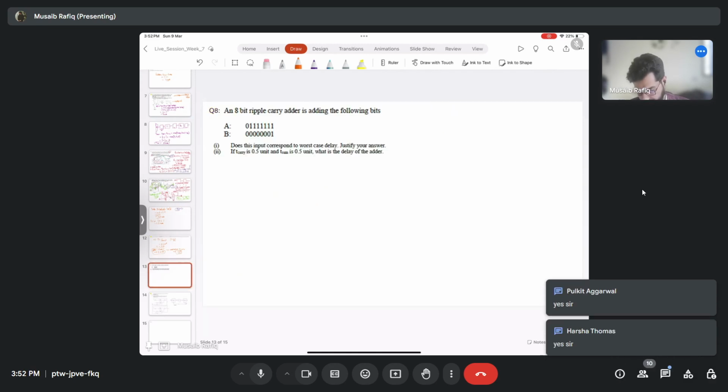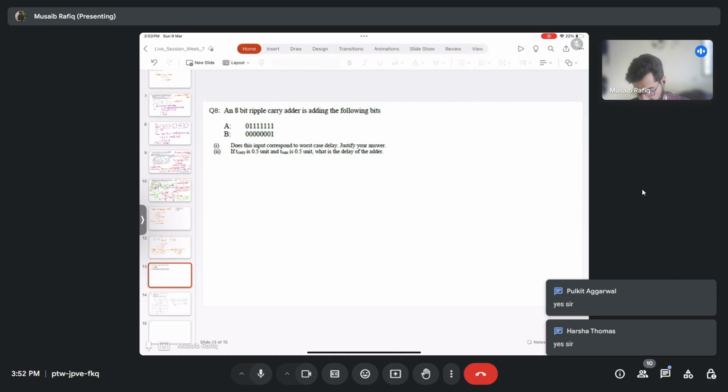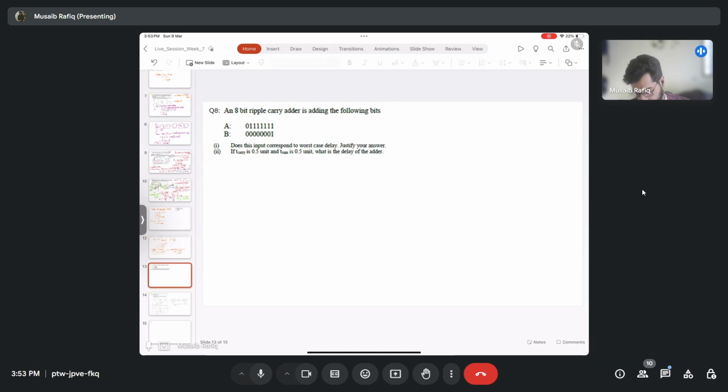Now there is this question. An 8-bit ripple carry adder is adding the following bits: A is 0 and then ones, and B is 0 with the LSB being 1. Part 1 asks: does this input correspond to the worst case delay? Justify your answer.